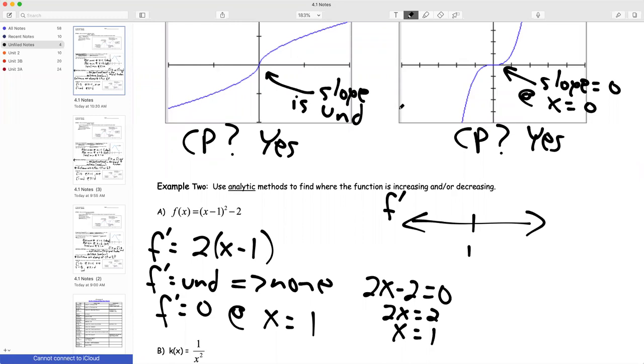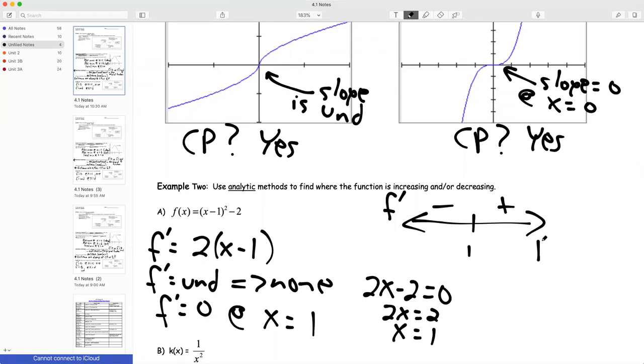Negative 1 times 2 is negative 2. Therefore, it is negative. And I knew it was negative because it's a parabola that opens up. And then if I take a point on the other side of 1, let's say 2, and I plug it in, I've got 2 minus 1 is 1. 1 times 2 is positive.